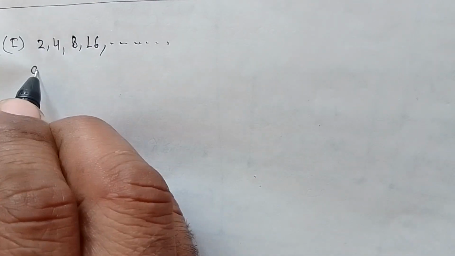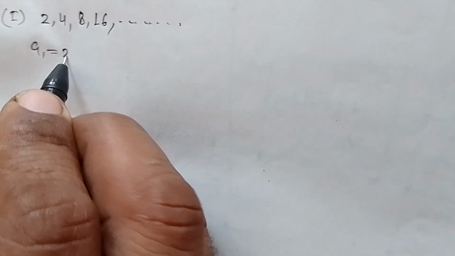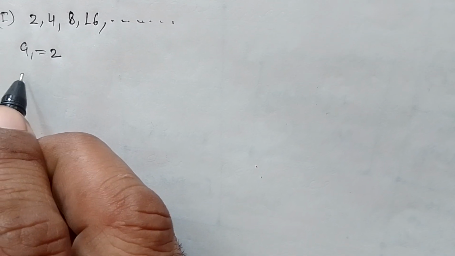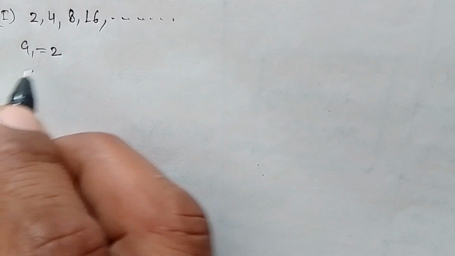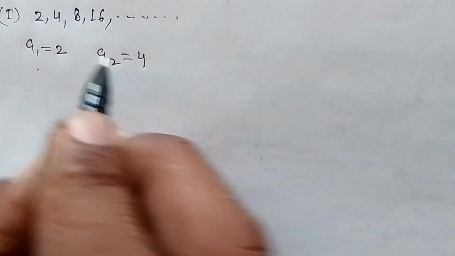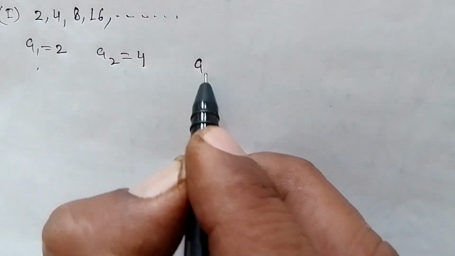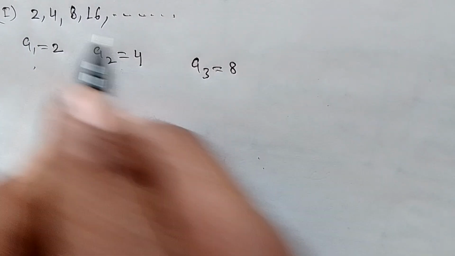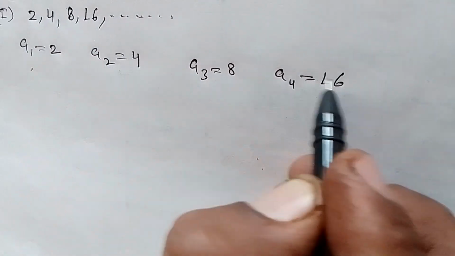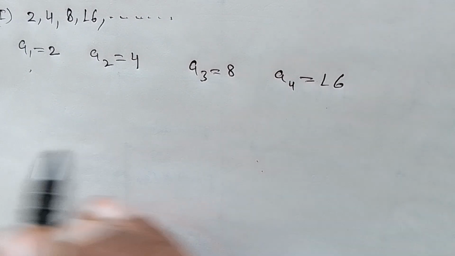Here A1 is 2. Then A2 is 4. Then A3 is 8. And then A4 is 16. So these are the first 4 terms of the series.